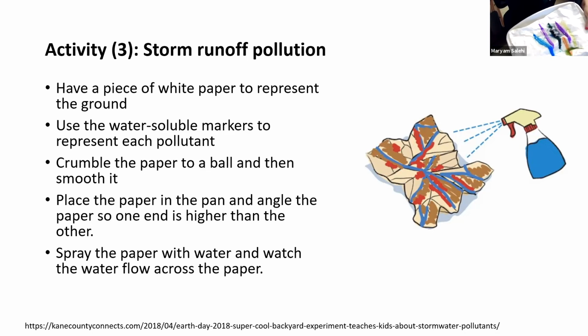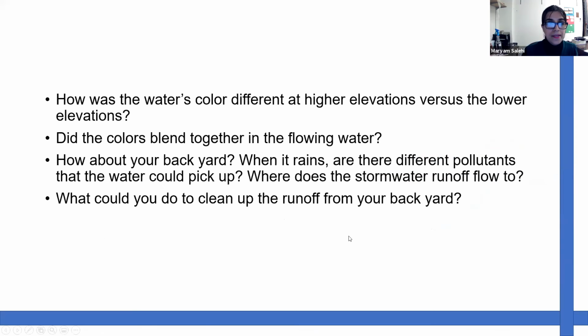You see that the water is going from the elevation to the deep location and just accumulating like a puddle. So that's a simple activity that you can conduct in the classroom to show the students how contaminants are washed off by the stormwater from the ground surface. Okay.